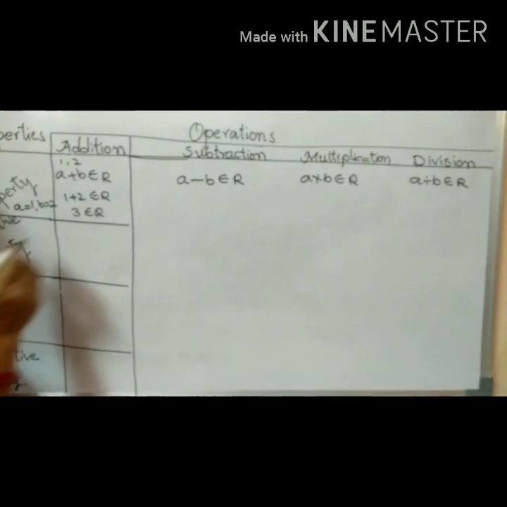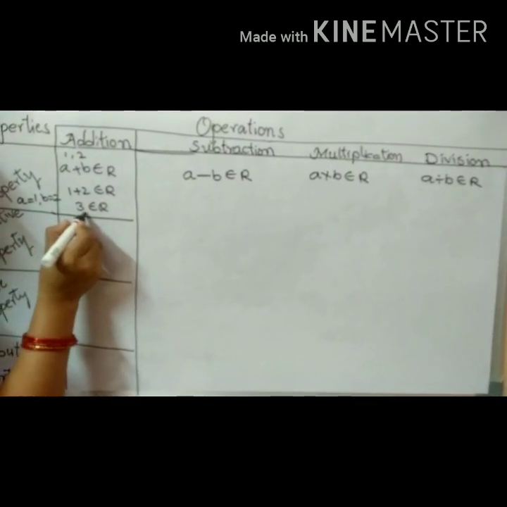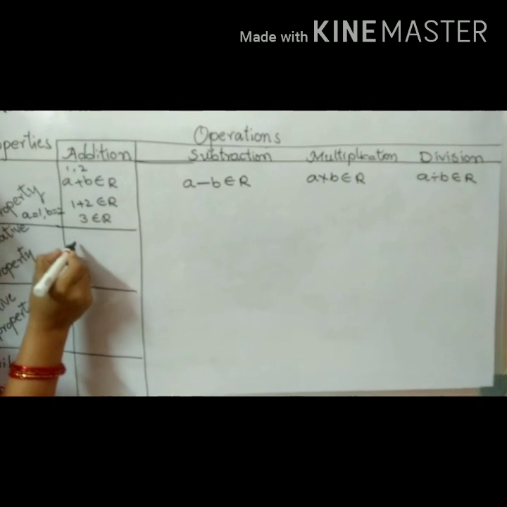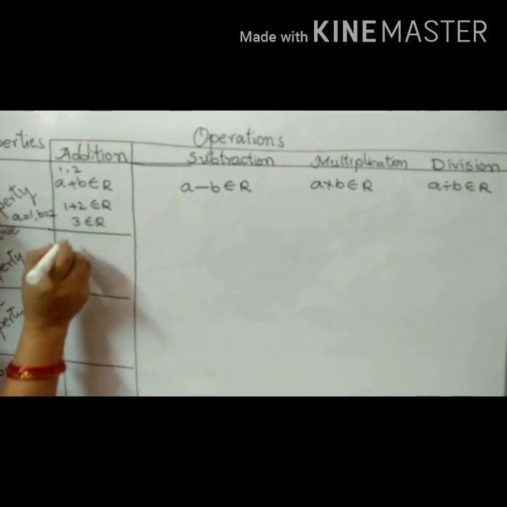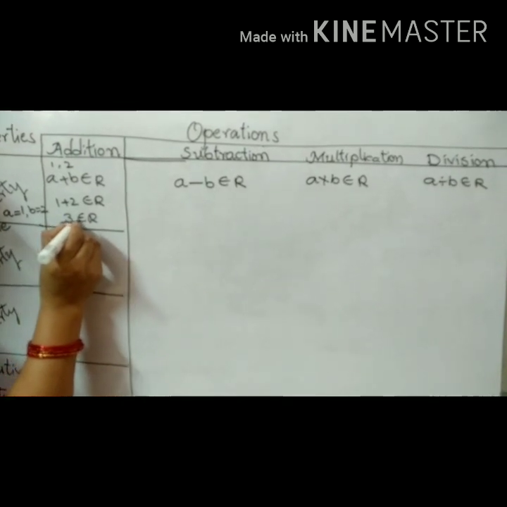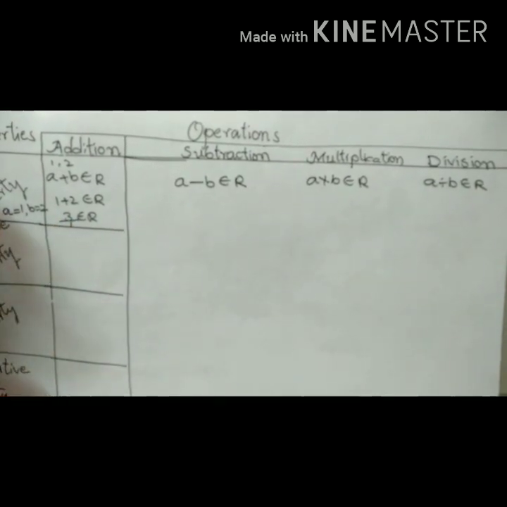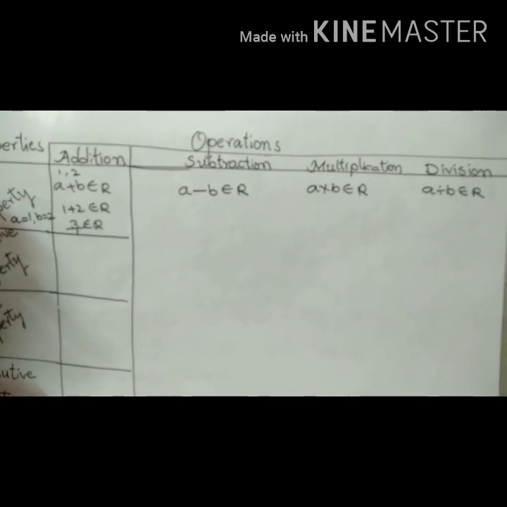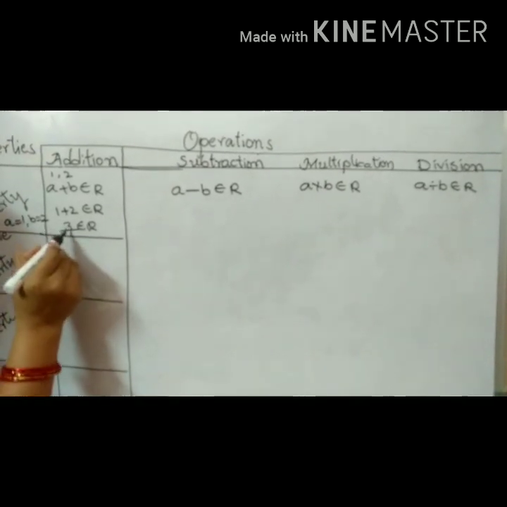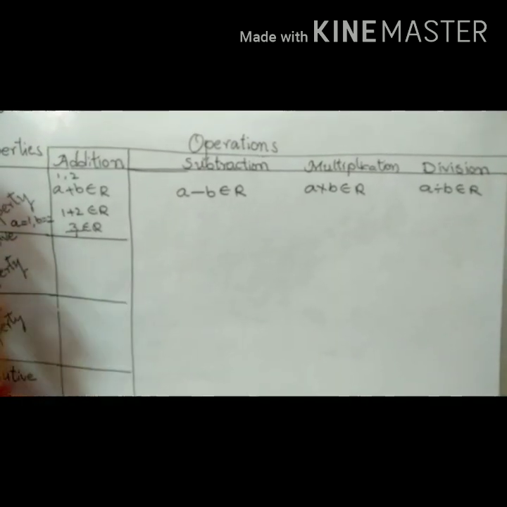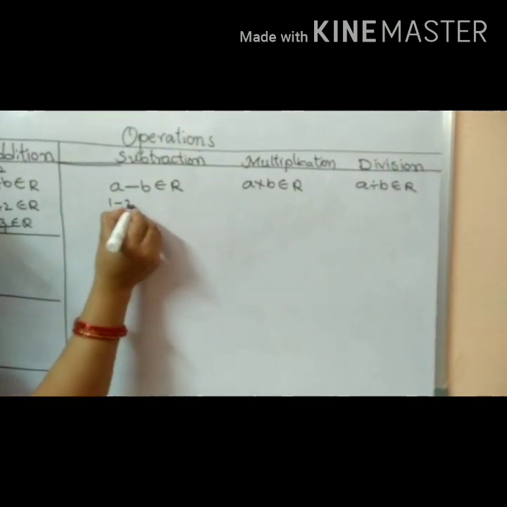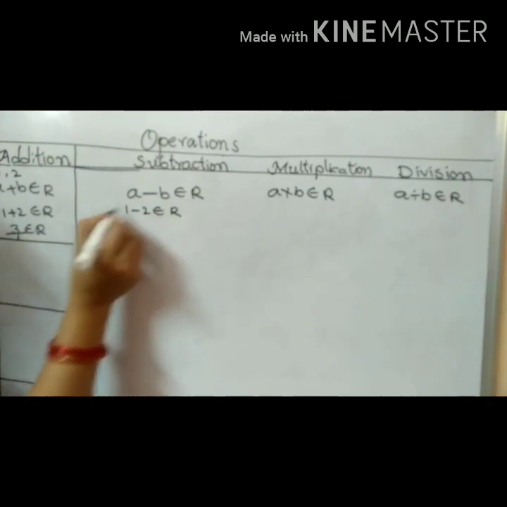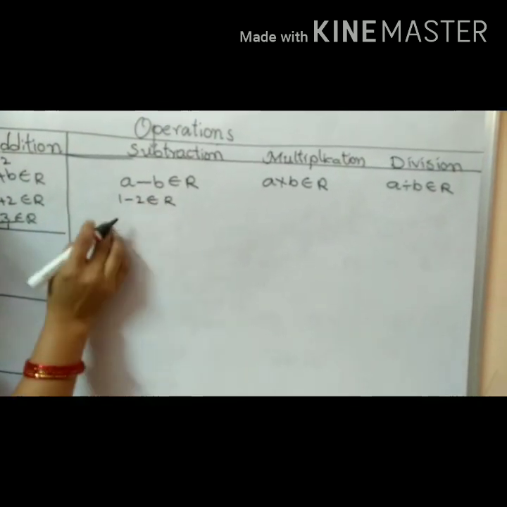Did you understand? Here there is no denominator shown, it is not in the form P by Q. Why? Because 3 is a rational number; you take the denominator as 1, which is the form P by Q. Did you understand? At the same time, here 1 minus 2 belongs to R. Example, 1 minus 2 belongs to R.